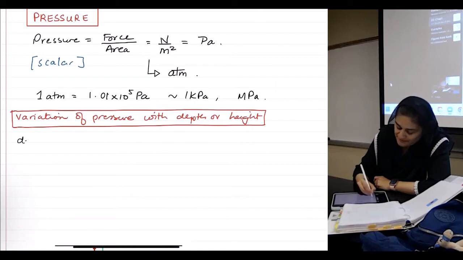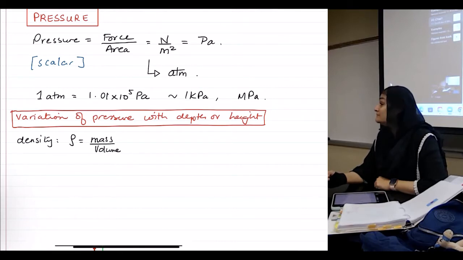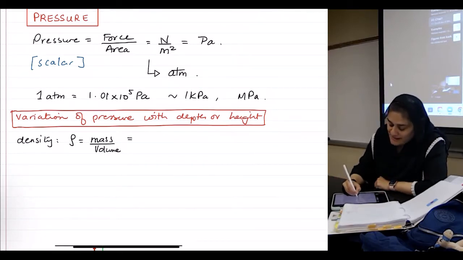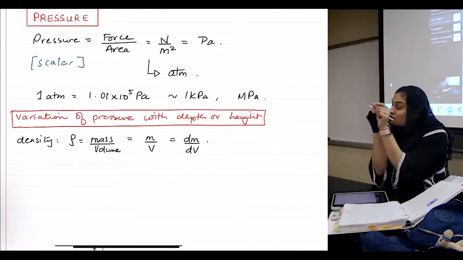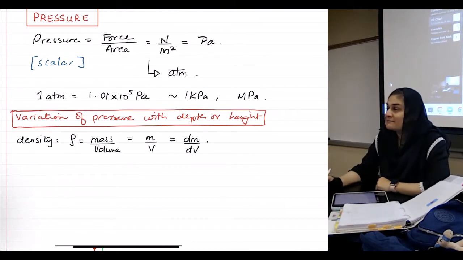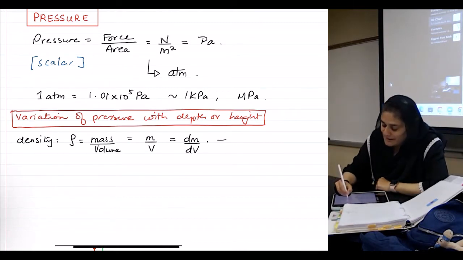So what is density? Mass per unit volume. May I also write this as M over V, which can also be written as dm over dV if I don't want to talk about the entire thing. I only want to talk about the small volume element and the small mass element. May I rewrite this as dm equal rho dV?